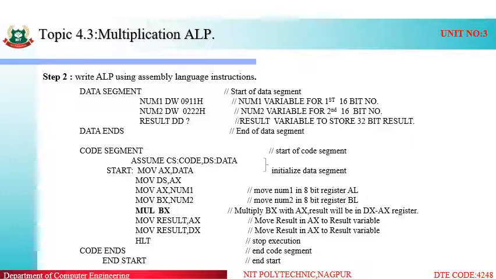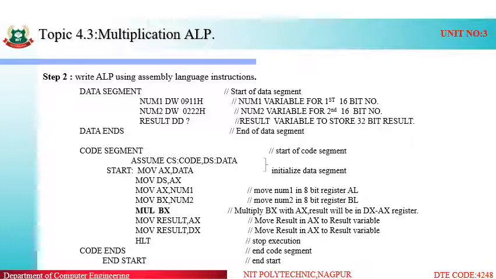So the lower bits we have moved from AX and the higher bits from DX into the result variable. HLT for stopping the execution of the program. We have to end the code segment and end start. So the logic is the same except the type of register we are using for 8-bit and 16-bit.